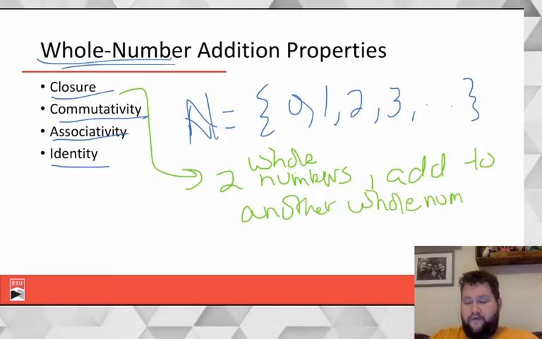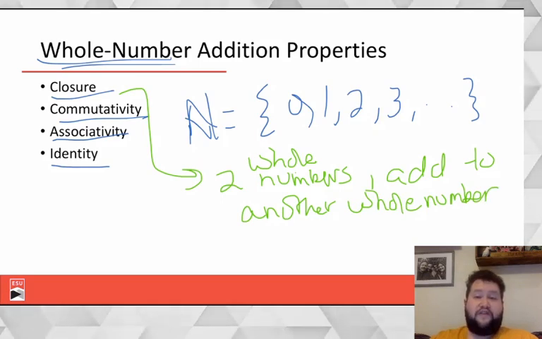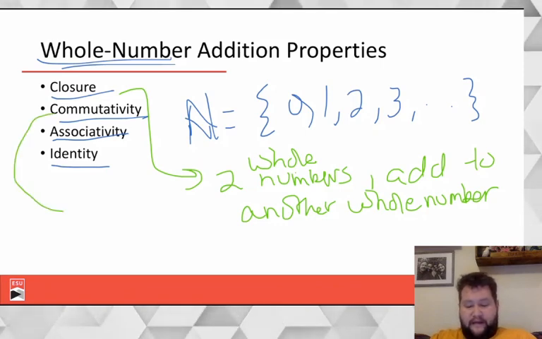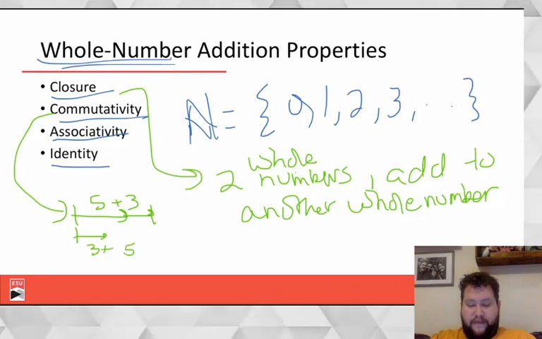So if you have two numbers that aren't fractions, you're not just going to magically have a fraction on the other side. Commutativity, that's that notion of the number line that 5 plus 3 is the same as 3 plus 5. Because those lengths, regardless of what order you put them in, will always end at 8.